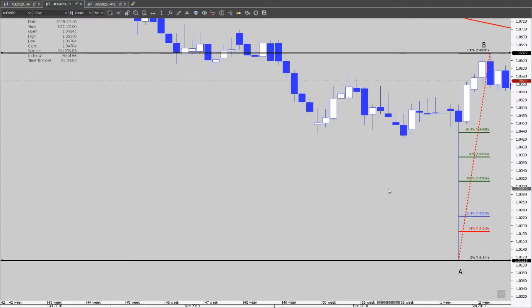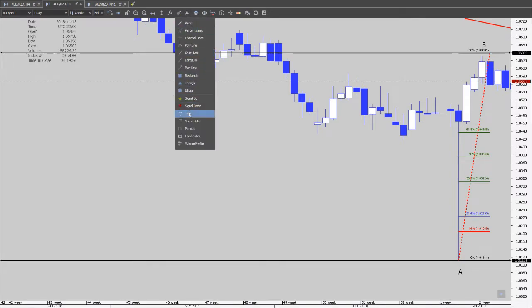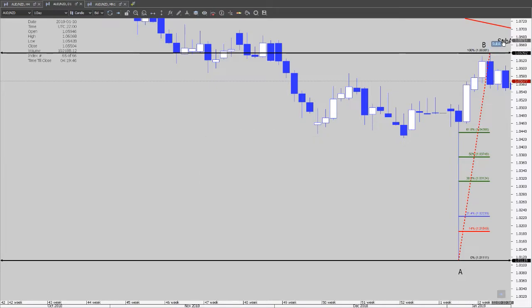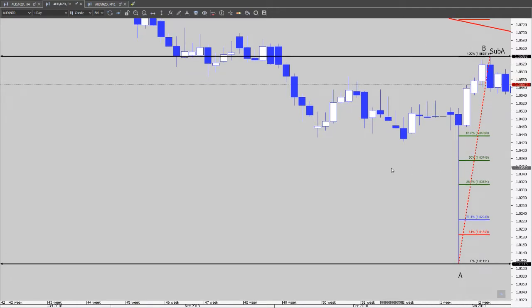Well, the same rules apply, just in the opposite direction. So the B is a high, right? So the B is going to be our sub A. In this example, our B equals the sub A, because this is the high, the starting point of the retracement, everybody.